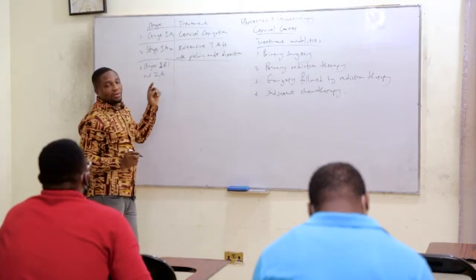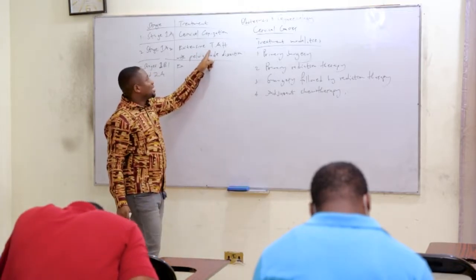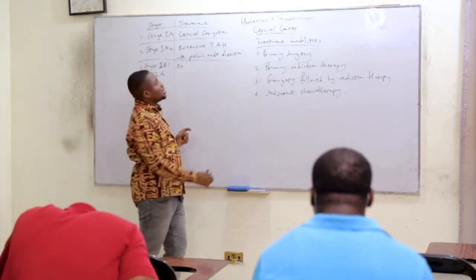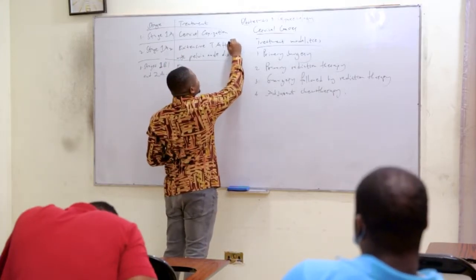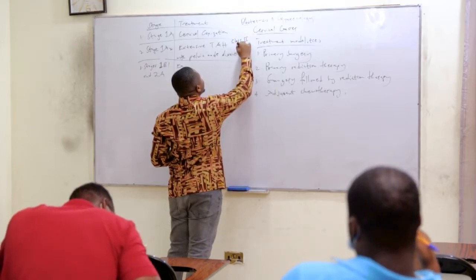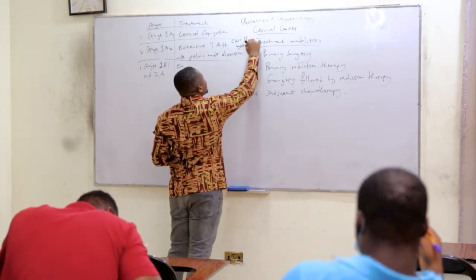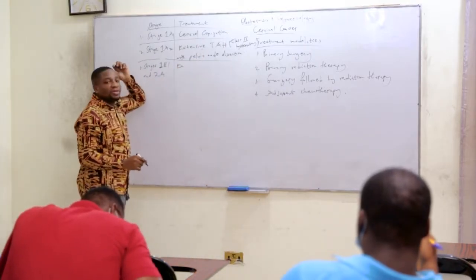For this, we will do extensive TH with pelvic node dissection, which according to the classification of hysterectomy is known as what? Class 2 hysterectomy. Let's take note of that. Class 2 hysterectomy.